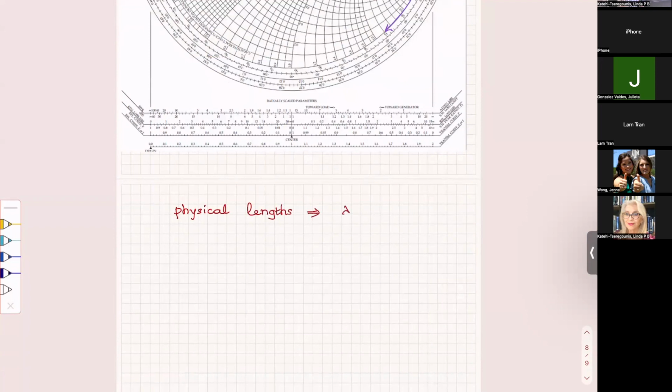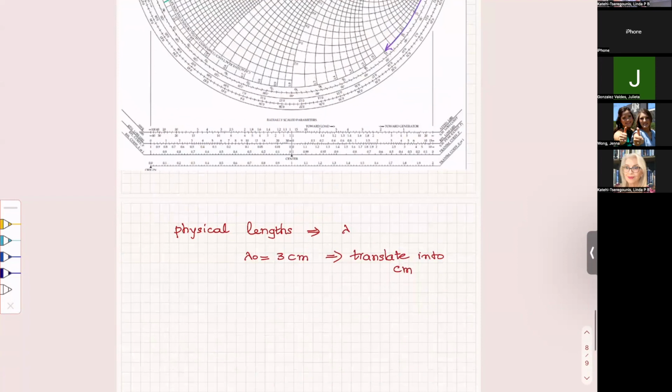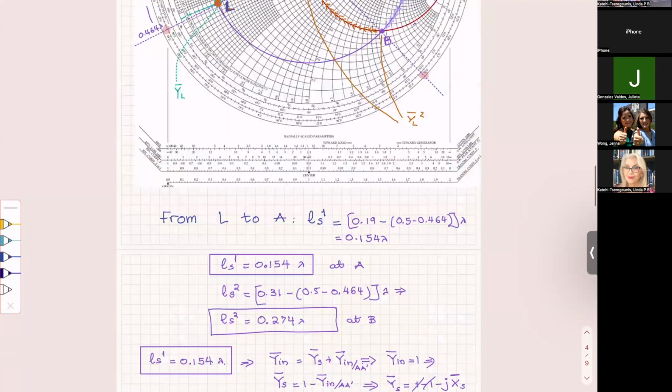We find lambda, but lambda naught we said at 10 gigahertz is 3 centimeters. So we can then translate all wavelengths into lengths, into centimeters. That's how you would solve this problem that you have.